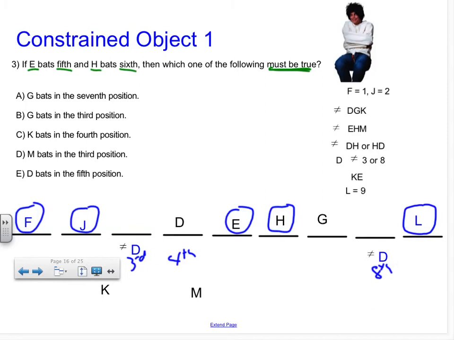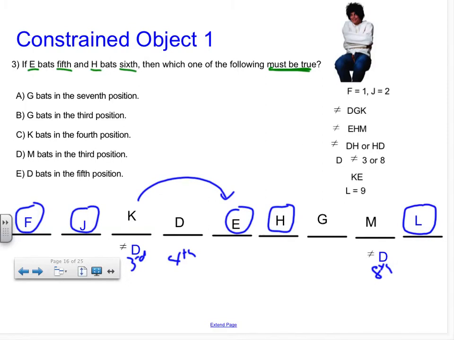That would mean that K is constrained to the 3rd position because it has to come before E, and we only have one letter left, M. It goes in the 8th position.